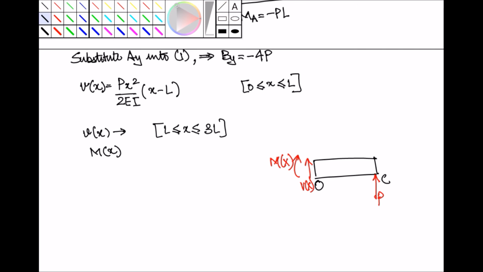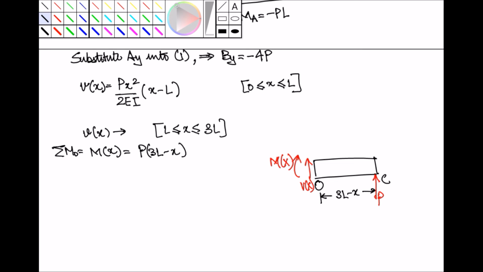Now remember that this length is 3L minus x. So if we sum moments about O, we have M of x equals P times (3L minus x).